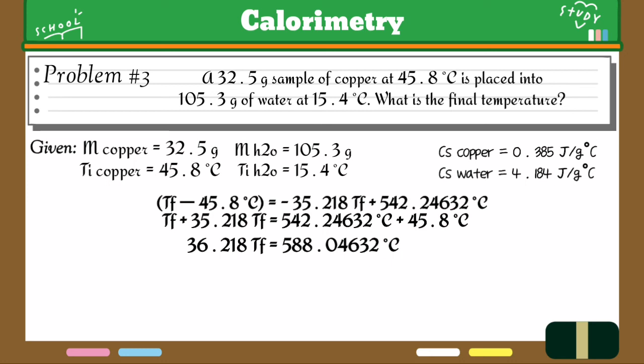We're going to divide both sides by 36.218 so that we can cancel it out, and then divide the rest. 588.04632 divided by 36.218 is equal to 16.2 degrees Celsius, and that's our final temperature.